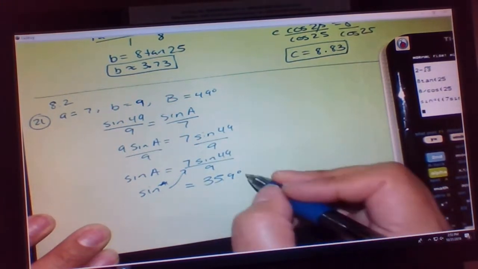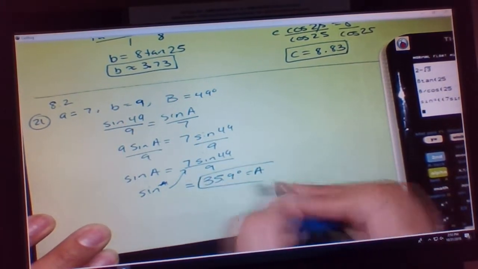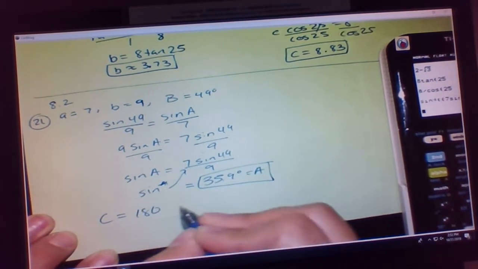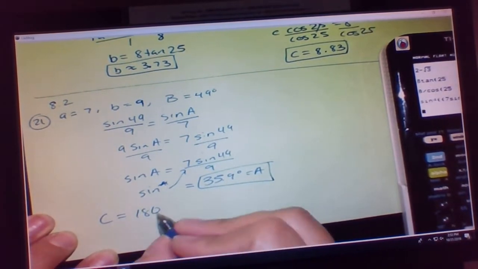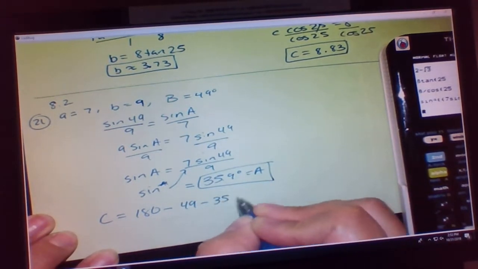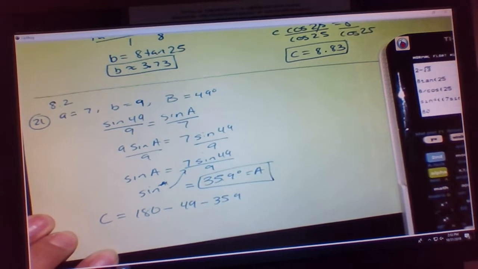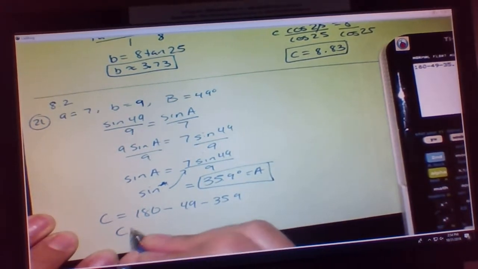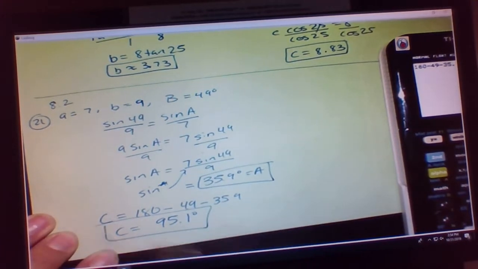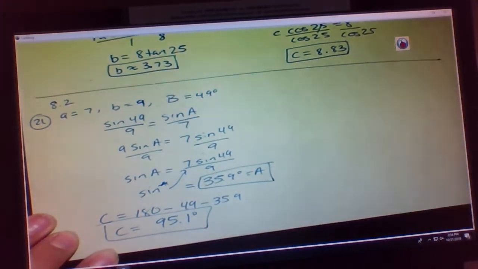So the inverse of that gives you 35.9 degrees. So if I already know this is your A, there's your B. In order to find your C, it is 180 minus the 49 minus the 35.9. So C equals 95.1 degrees. But I'm still missing finding who?